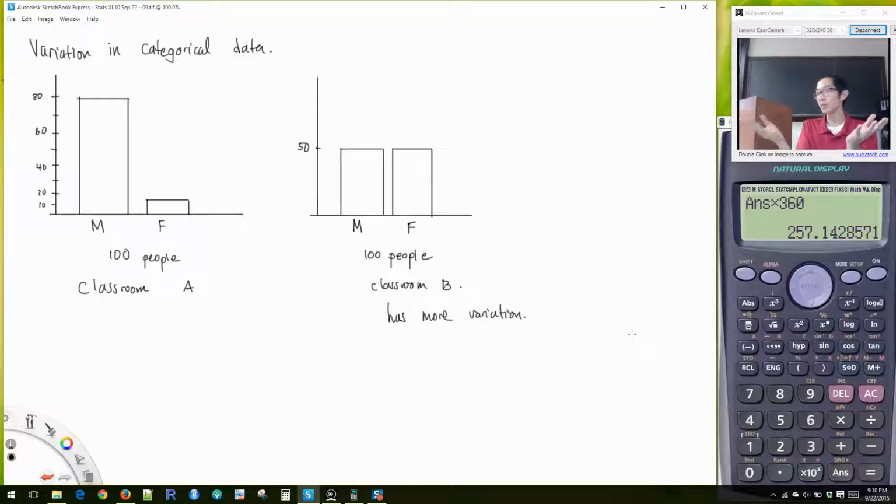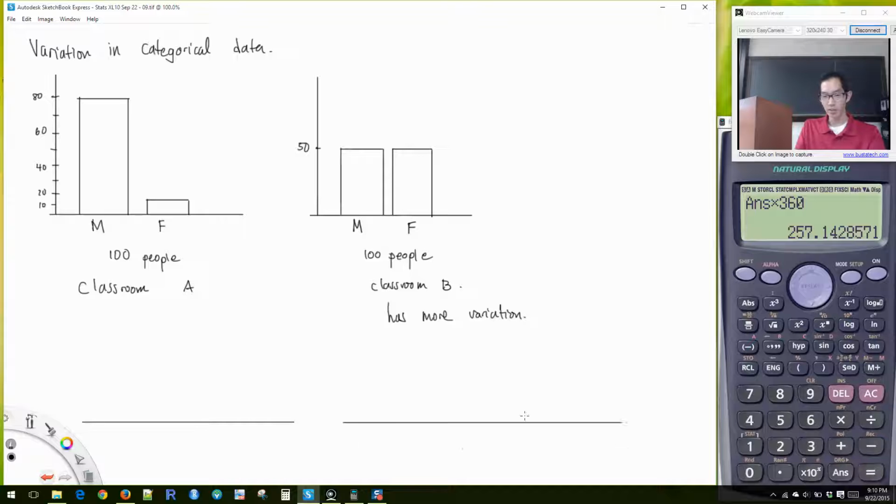And so in this case, there is more variation, more, quote, diversity with regard to gender. Does that make sense?